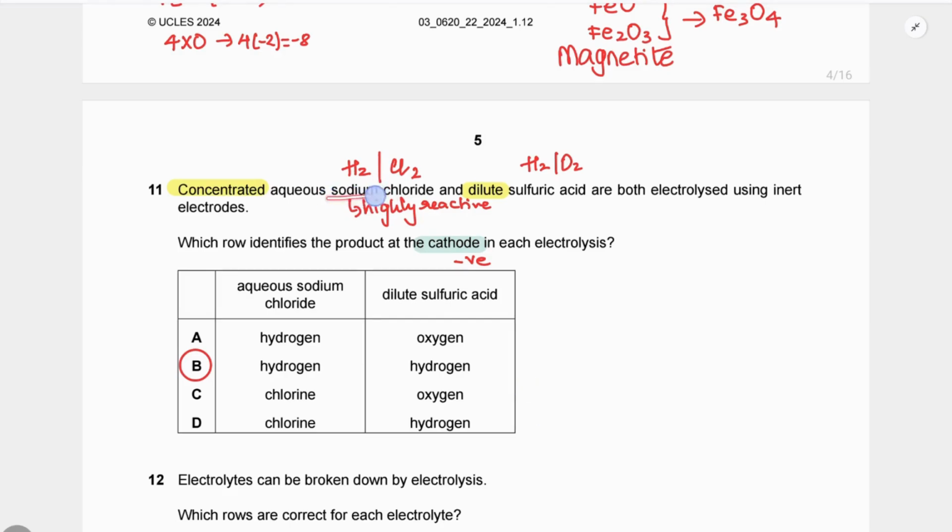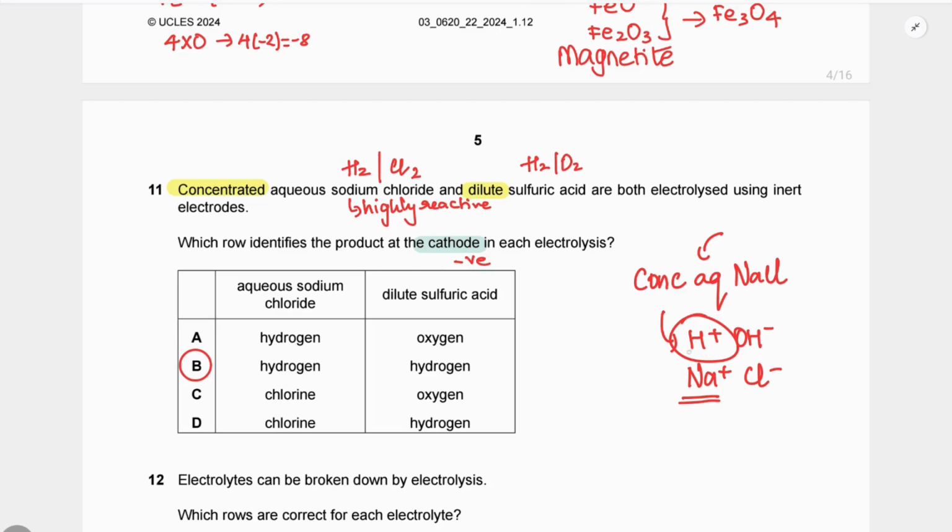So the ions for concentrated aqueous NaCl: since aqueous is given, H plus and OH minus ions will also be there because of the water, and NaCl will dissociate into Na plus and Cl minus. As I told you, Na will not get discharged, only H plus will get discharged because Na plus is highly reactive.